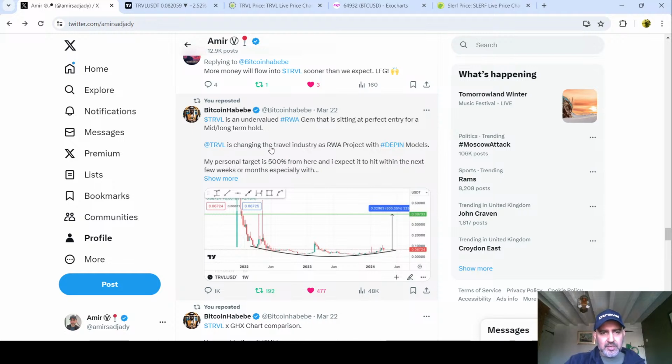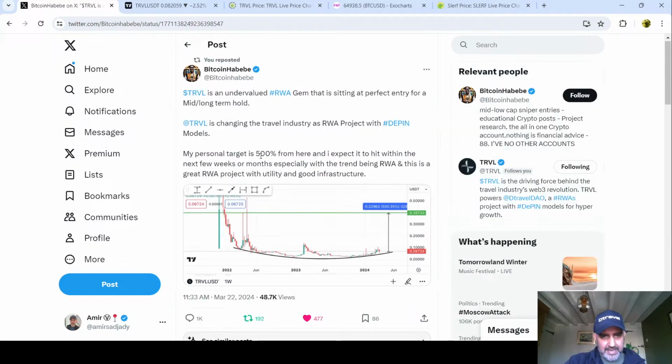TRVL is changing the travel industry as an RWA project with deep in models. My personal target is 500% from here, and I expect to hit it within the next few weeks or months, especially with the trend being RWA, and this is a great RWA project with good utility and good infrastructure.